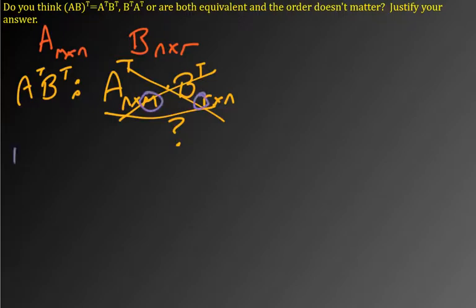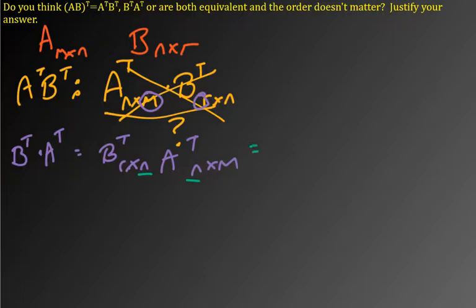But if you do B^T A^T, then what you're going to do is B^T, r by n, times A^T, n by m, and this works. These two match, and so you're basically going to get a B^T A^T matrix that is an r by m matrix.